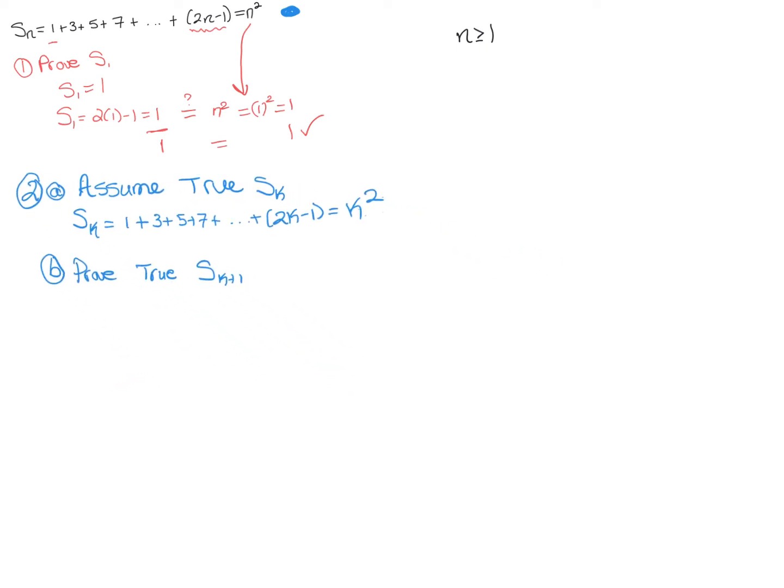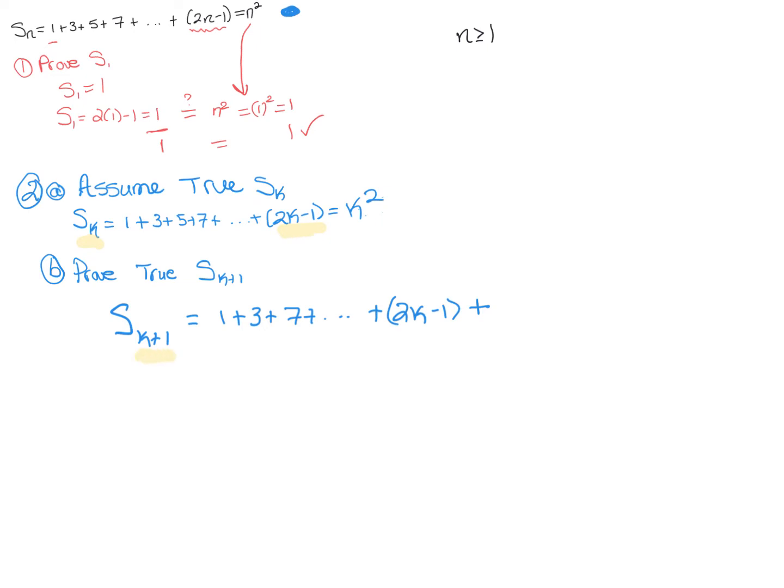So let's go ahead and do that. So first of all, let's write out what S sub k plus 1 is. S sub k plus 1 equals 1 plus 3 plus 5 plus 7 plus ... plus 2k minus 1 plus, I have to add one more term on because this up here was a k, this was my kth term.